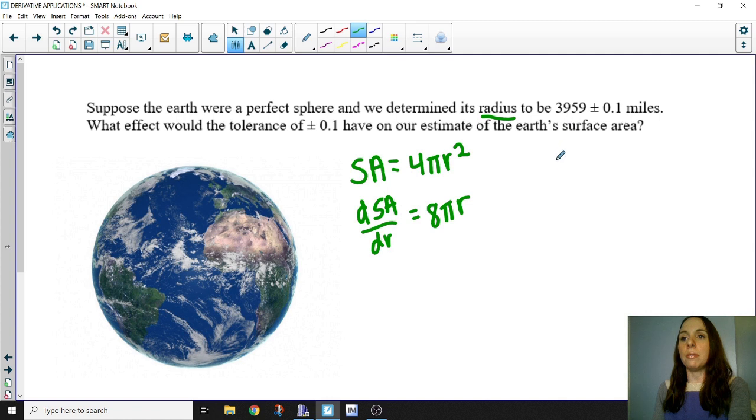So there's an r value. Plus or minus a tenth of a mile, though. What do we do with that information? We don't want to fill that in for r. Where can it go? It can go for dr. It is the possible change in the radius. It's the tolerance of the radius, meaning this could be off by a tenth of a mile in either direction. And so we are going to look at that as our dr value.